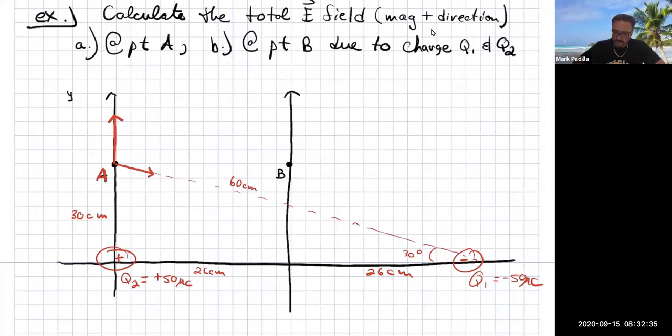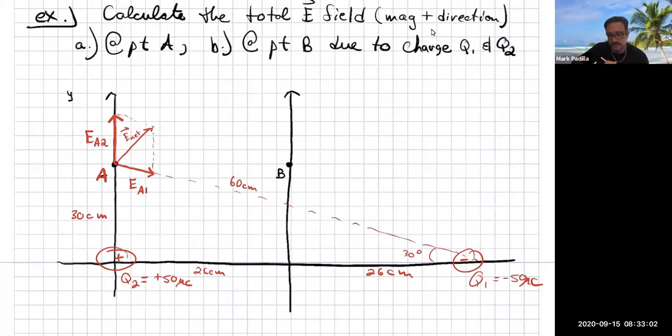Yeah. So I'm going to label these. The electric field at A due to charge 2, the electric field at A due to charge 1. So if we just drew a parallelogram real fast, we know that E net would go that way.